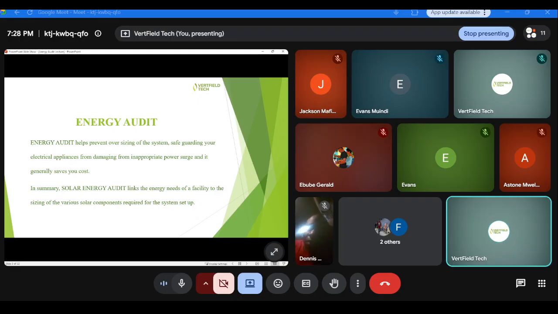Yes. But did he do it professionally? No. He has not done it professionally, because before you can say you have done a professional system installation, you must have gone through the process of energy audit by firstly trying to find out what that system is going to be powering up.